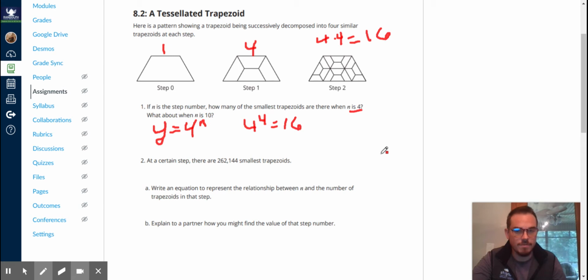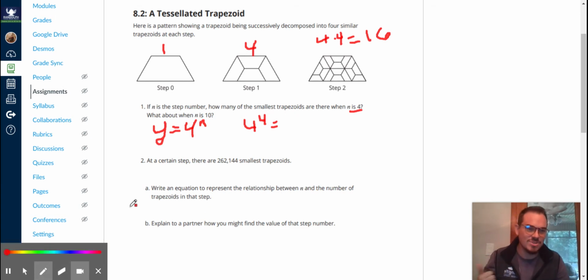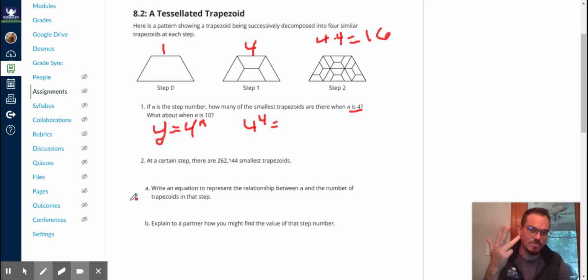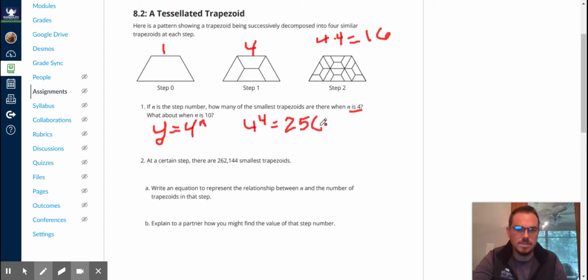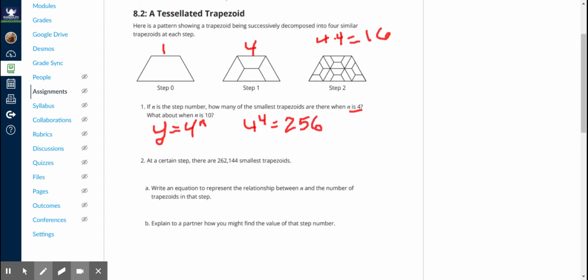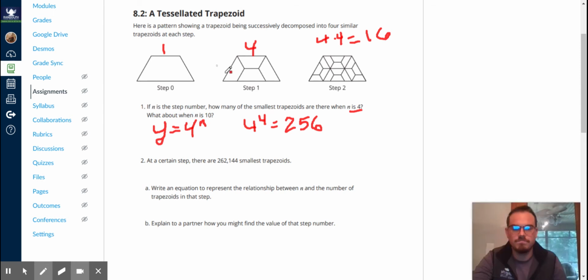Not 16, I'm sorry, that was me multiplying 4 by 4. 4 to the power of 4 is 4 times itself 4 times. So 4 times 4 times 4 times 4, which I believe is 256. Let me check that, and it is correct. Yes, 4 to the power of 4 is 256.